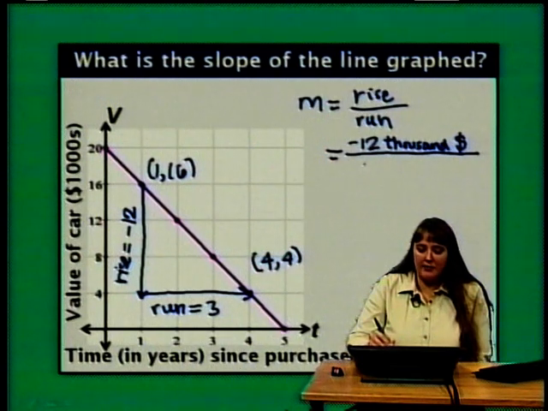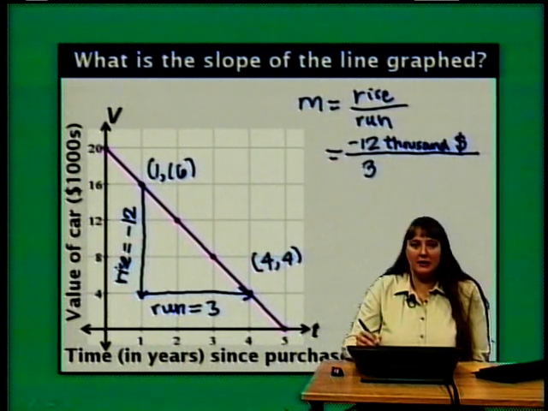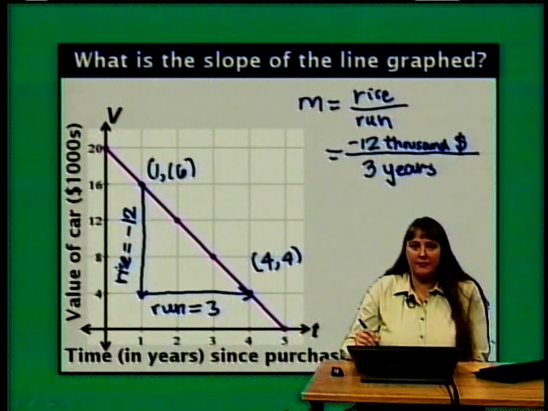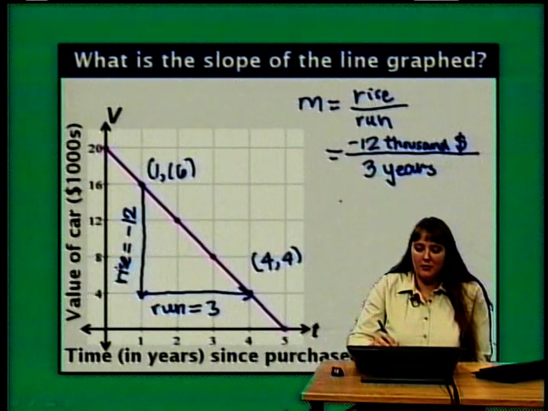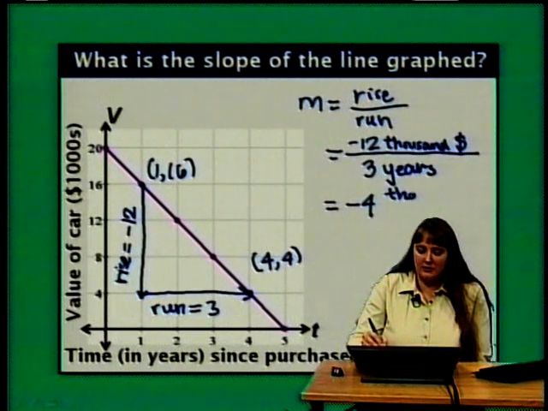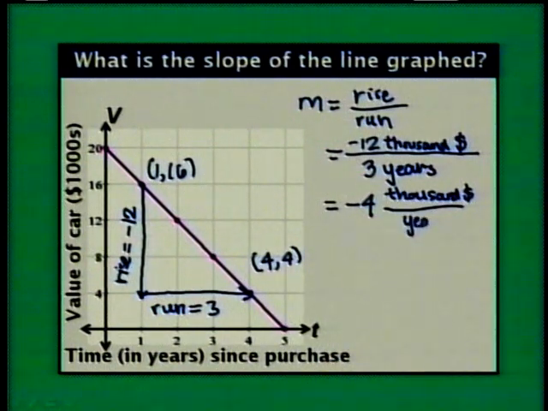My run of 3 has units of years, since my horizontal axis measures the time in years since the purchase. Negative 12 divided by 3 is negative 4. So for my slope, I have negative $4,000 per year.